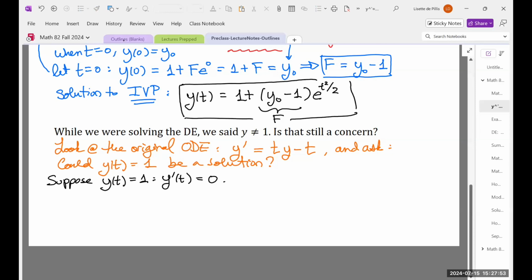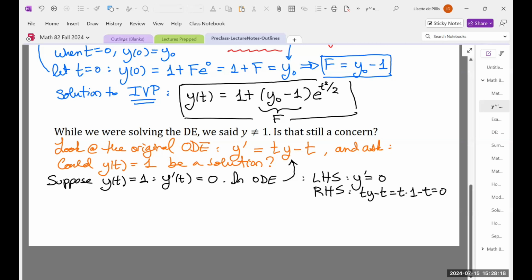So in the ODE, my left-hand side, y prime, equals 0. My right-hand side, plugging everything in, is ty minus t, which equals t times y, which is 1 now, minus t, which is 0.